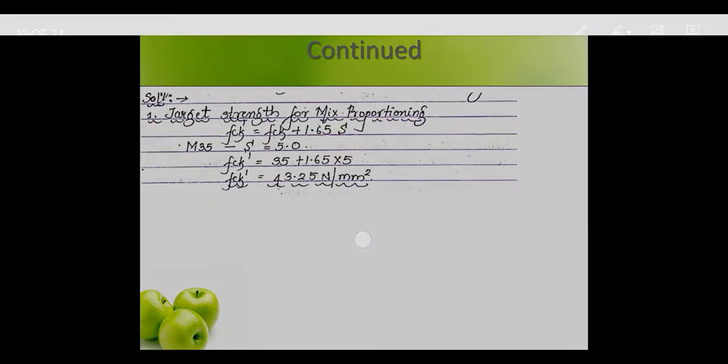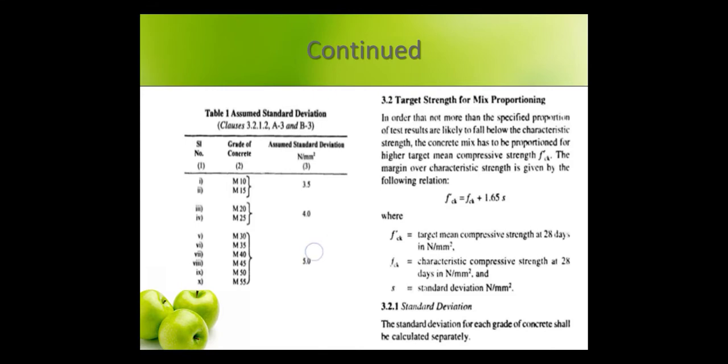As we have seen in the previous problem, first we need to find the target strength for the mix proportion. Using table number 1, you assume the standard deviation, and you have the formula f_ck' = f_ck + 1.65 s, where f_ck' is the target mean compression strength and f_ck is the characteristic strength.